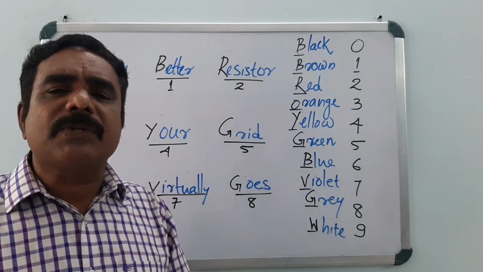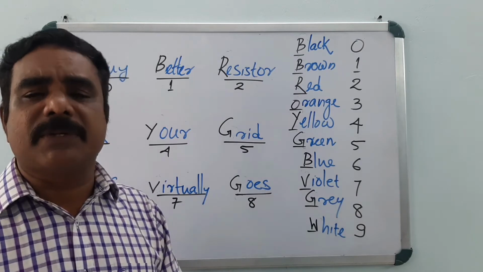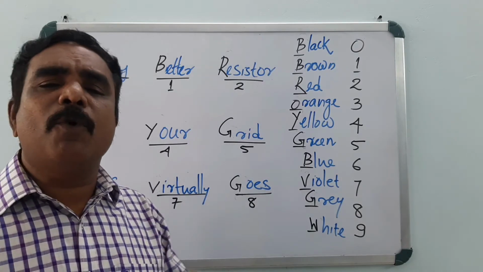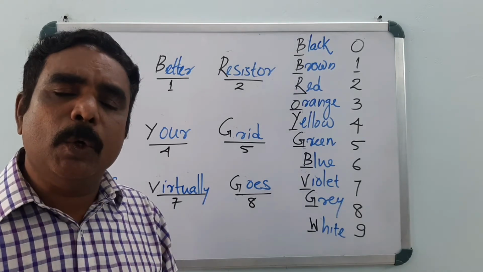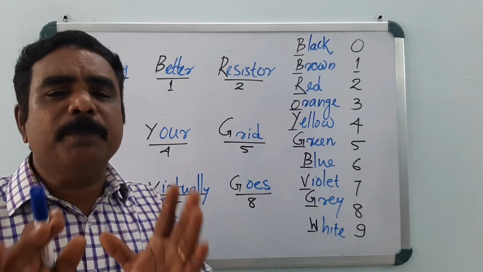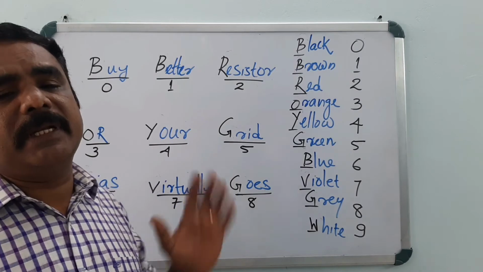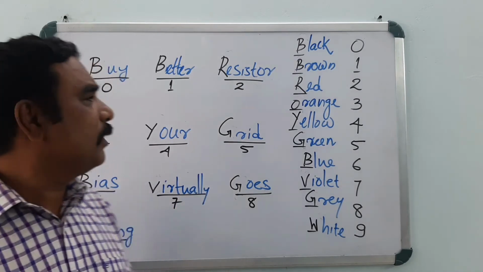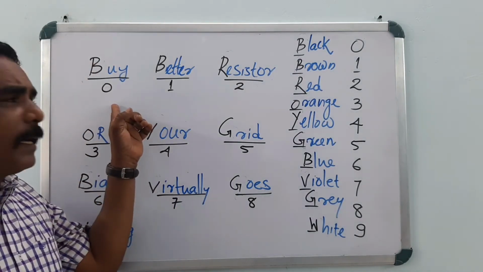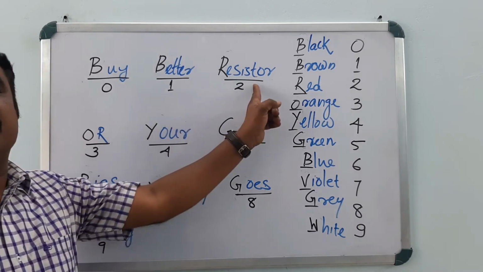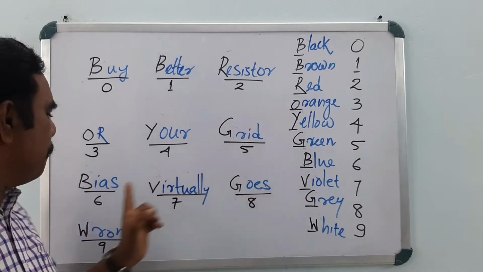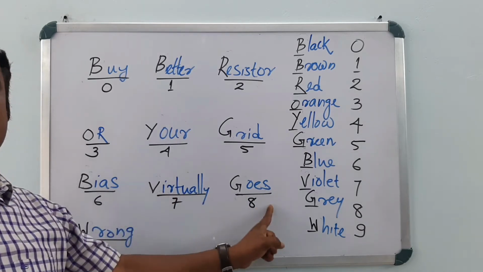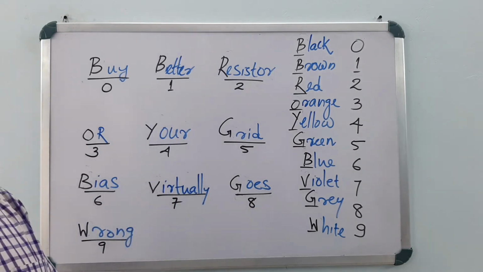So unless you select the correct resistor, the voltage on that grid may go wrong. This is written in this sentence. This is a meaningful sentence: Buy better resistor, or your grid bias virtually goes wrong.